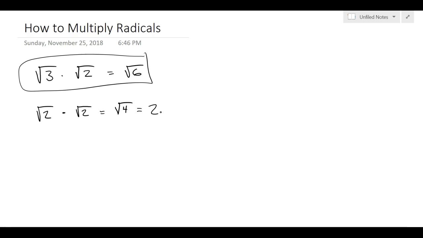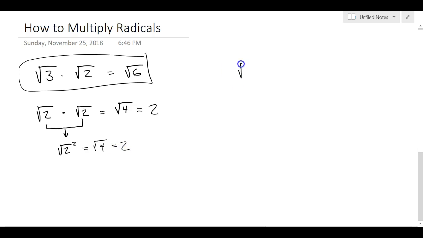So what this implies, and hopefully this won't be confusing here, is that radical 2 times radical 2, well, we can actually write that as radical 2 squared. So radical 2 squared equals radical 4, which equals 2.